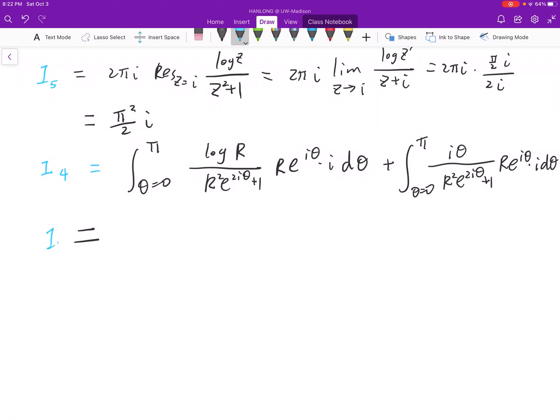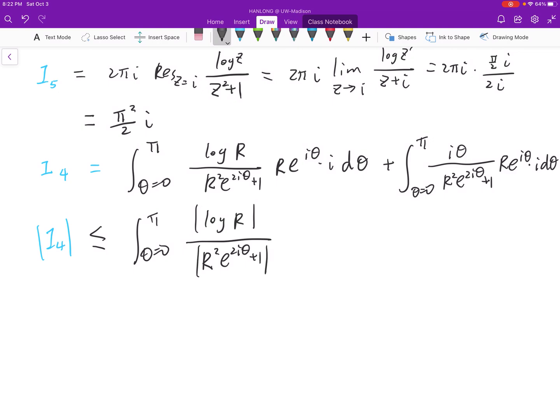The absolute value of I4 is bounded by the integral of the absolute value of log R over the absolute value of R squared e^(2i theta) plus 1, times R d theta, plus the absolute value of theta over the absolute value of R squared e^(2i theta) plus 1, times R d theta.